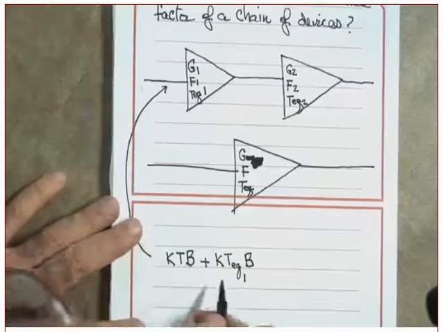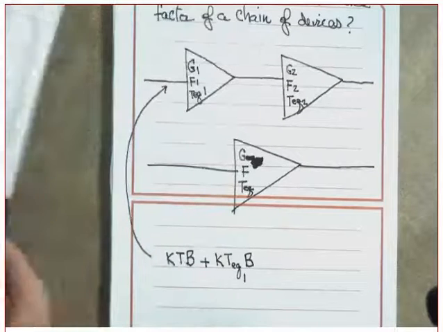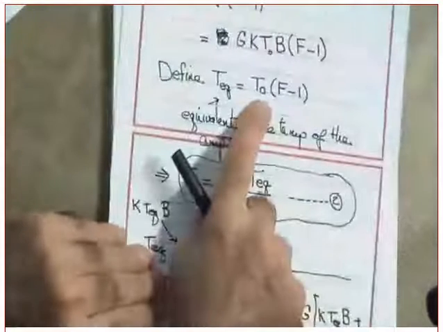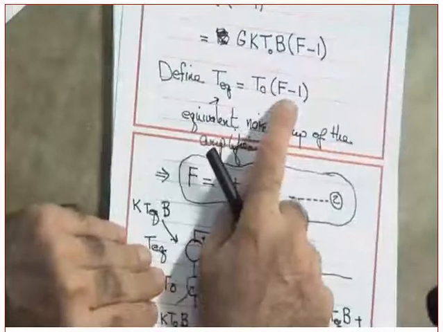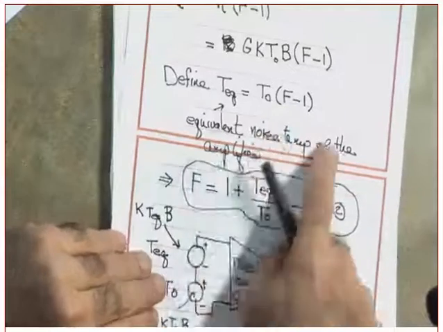Now remember, T equivalent 1 is equal to T0 times (F minus 1). Are you following me or not? Okay, keep that in mind.